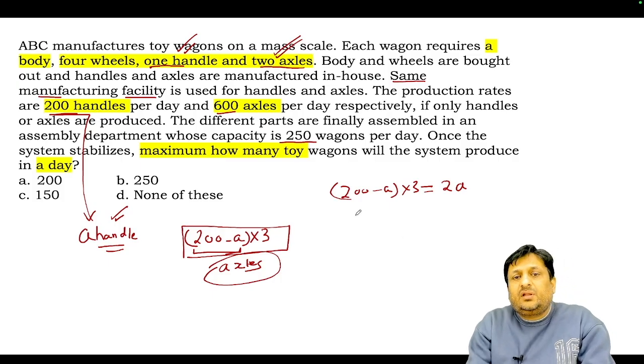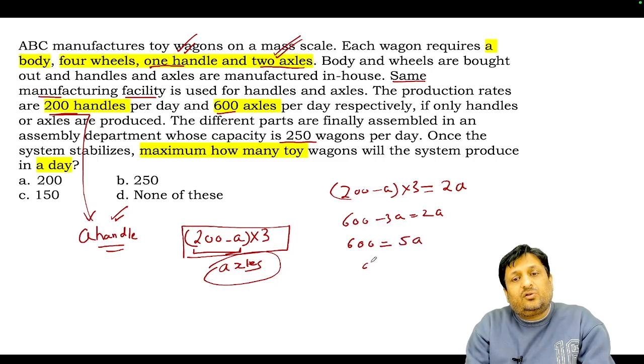So 600 minus thrice A should be equal to twice A. So 600 should be equal to 5 times A. So A should be 120. So instead of making 200 handles, I am producing only 120 handles.